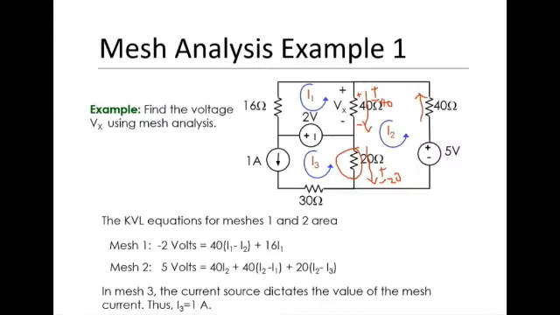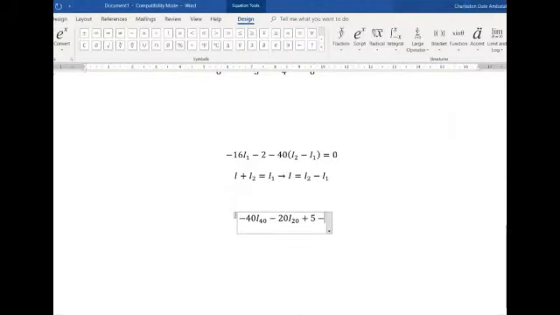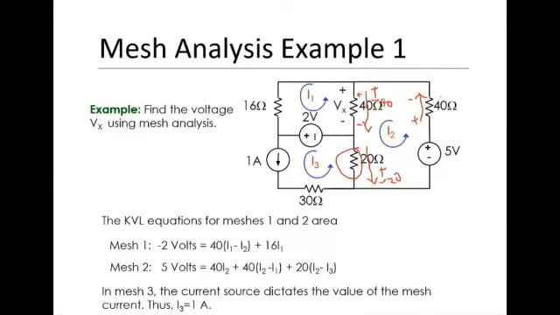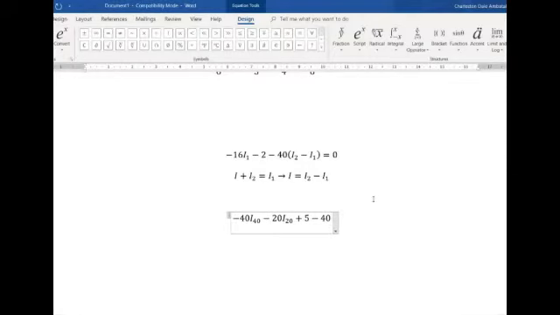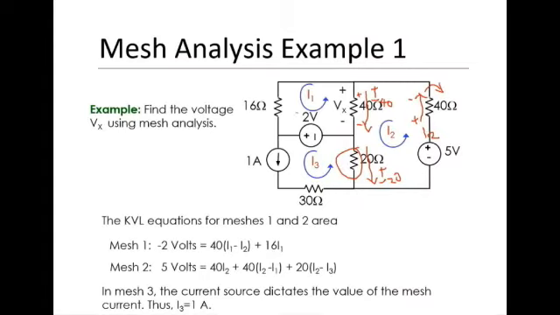And again, the polarity is defined by the direction of the current, so that's plus minus. So that's minus 40, and the current flowing through this, since it's not adjacent to another mesh, is actually just I2. So it becomes minus 40 times I2 equal to 0. If you simplify both 1 and 2, you'll get these expressions right here.